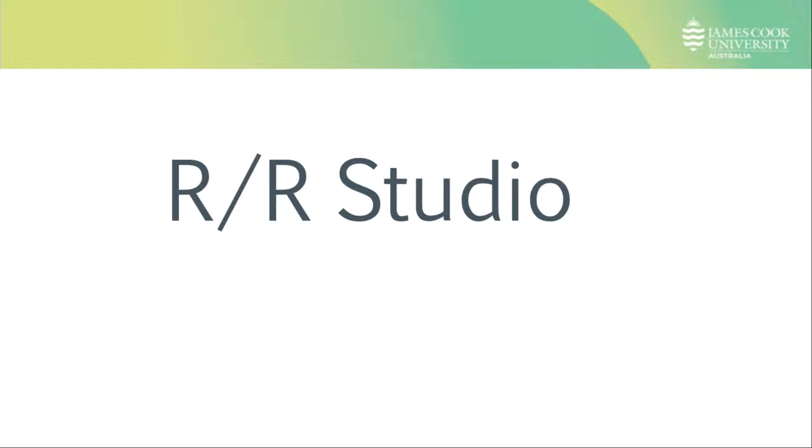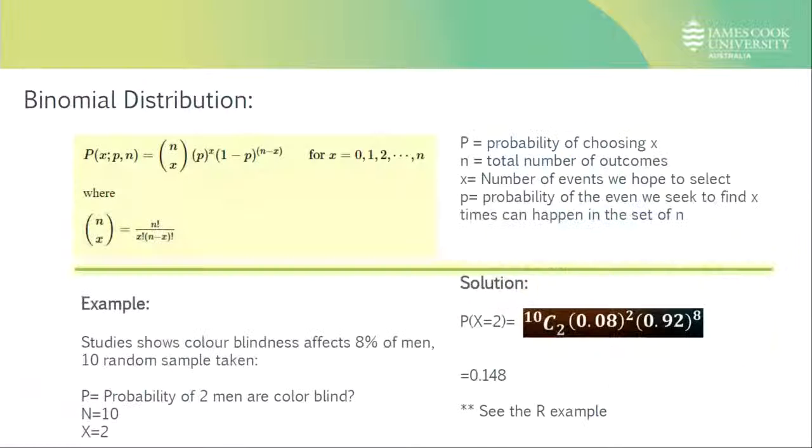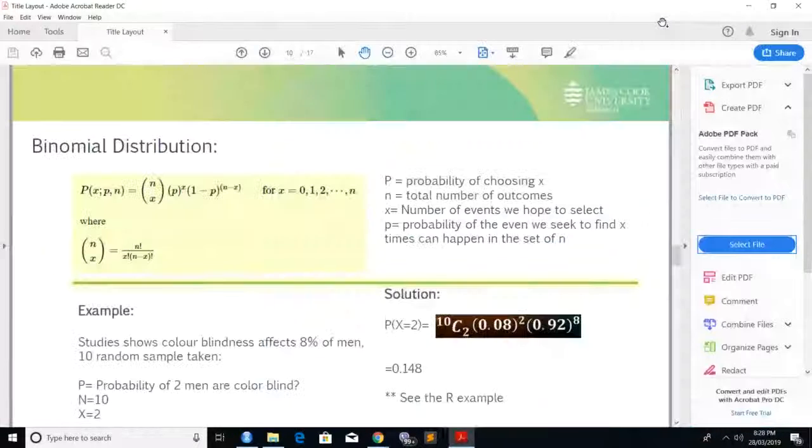Anyway, we will jump into RStudio now to show how to calculate a data set, how to find the distribution of a data set, and how to calculate the binomial distribution I showed in this problem. So let's go to RStudio.